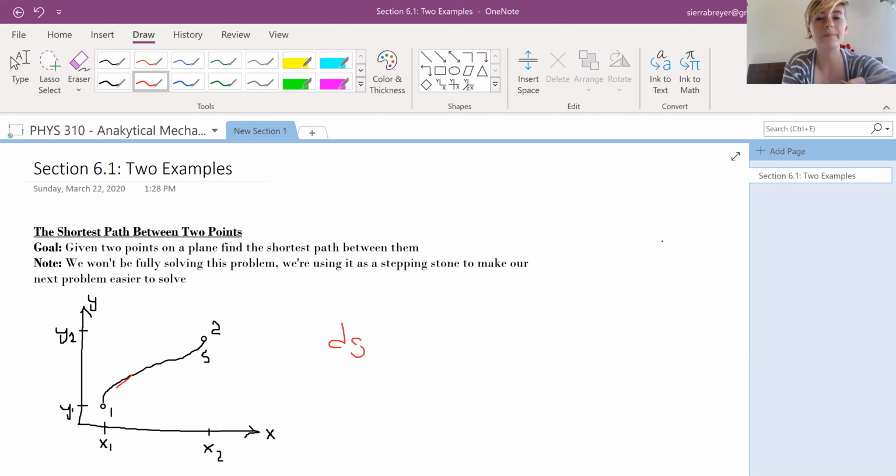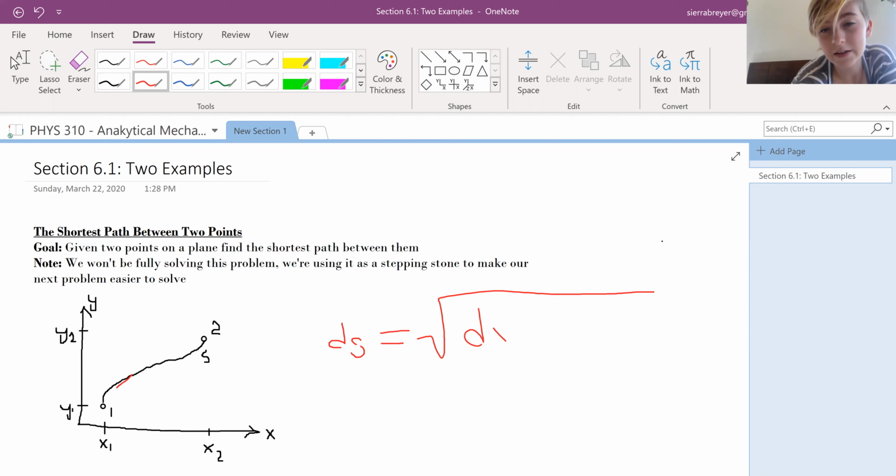Pardon my bad OneNote skills, but with ds, we're going to use the Pythagorean theorem to say that ds is going to be equal to the square root of dx squared plus dy squared. So that's basically all we're doing there.